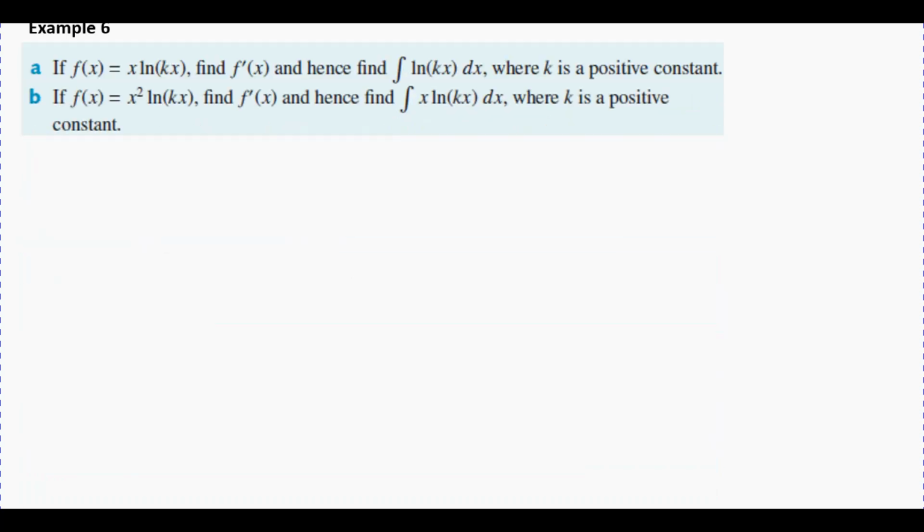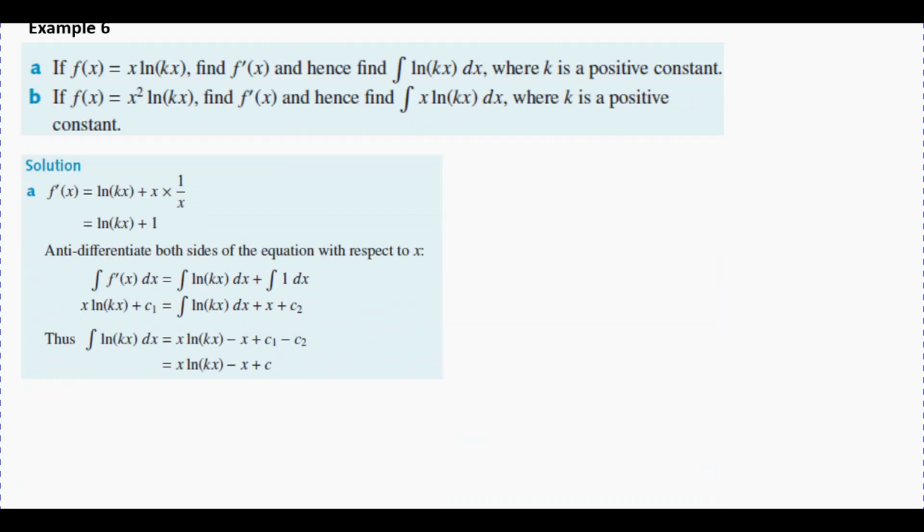Okay. So first of all, you need to do a derivative. When you do a derivative, then you need to use the product rule. And from that product rule, you have log kx plus 1. Okay, so if you try to do the antiderivative on both sides, so that means you need to do the derivative on the left-hand side and also on the right-hand side.